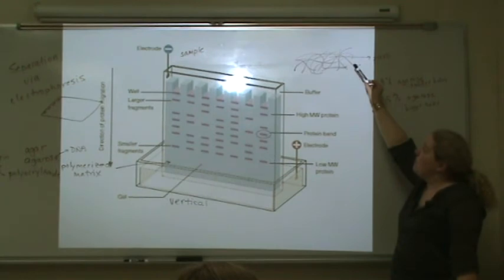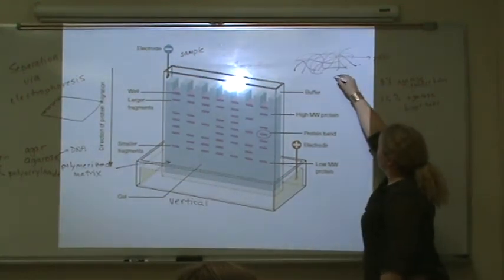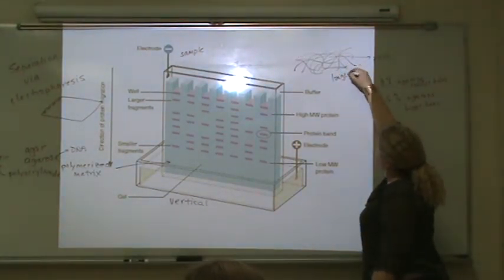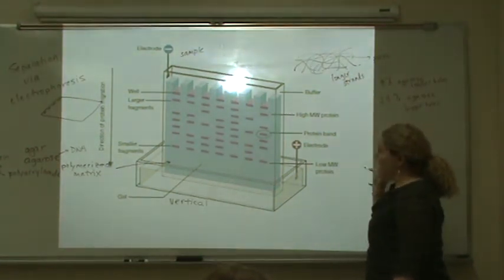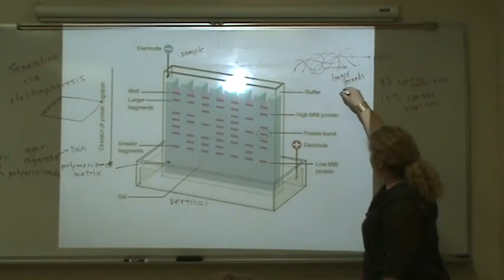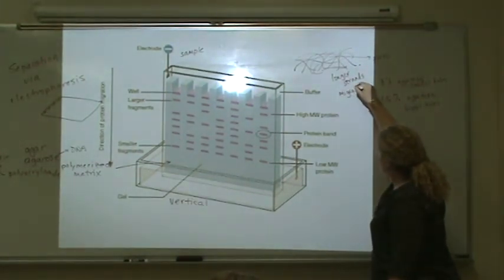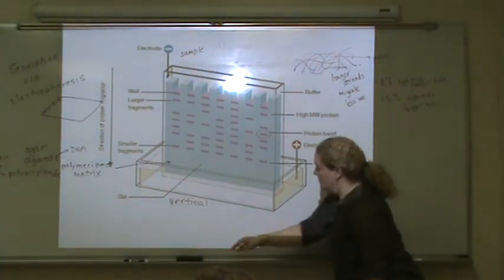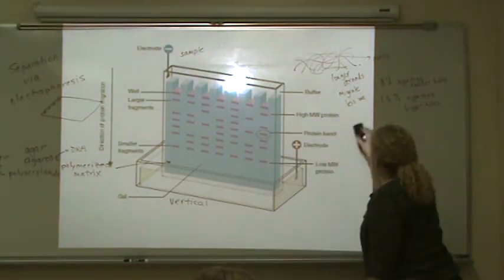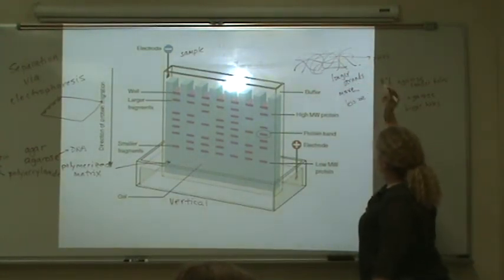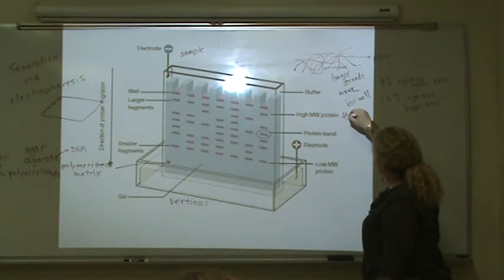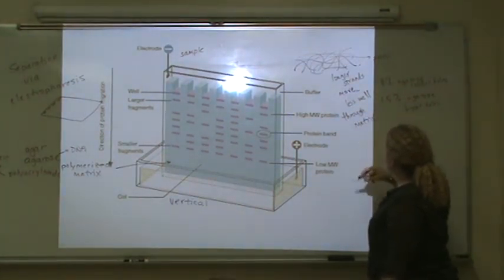So the longer something is, longer strands, whether that is a stretched out protein or a stretched out piece of DNA, they move, let's keep it simple, they move less well through this gel matrix.